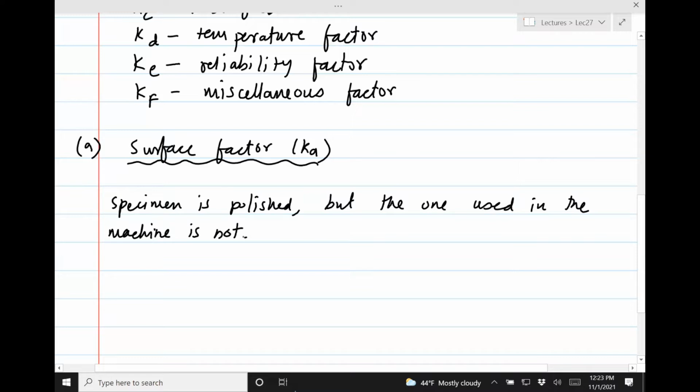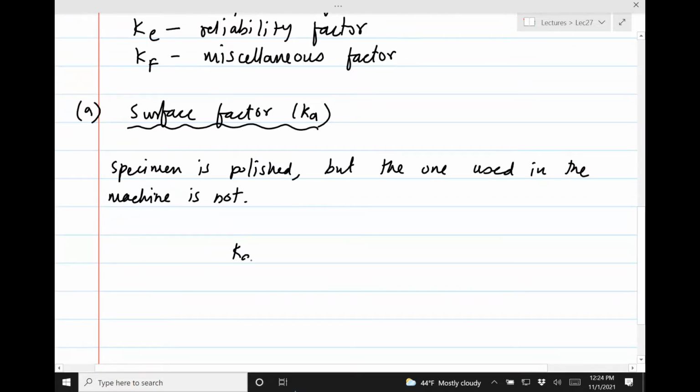So clearly what you need to do is take the test specimen and now have various amounts of polishes given to it, and then do the same test, figure out how the material fails, and then have some kind of empirical fit. So what they found was that this factor only depends on the tensile strength.